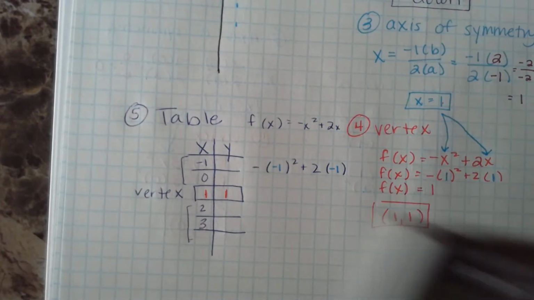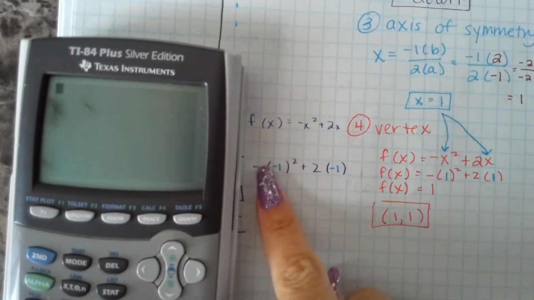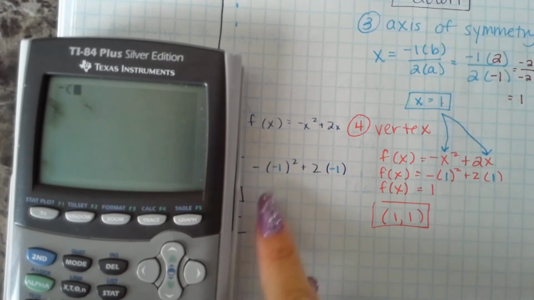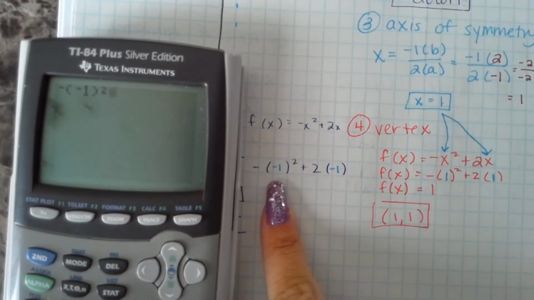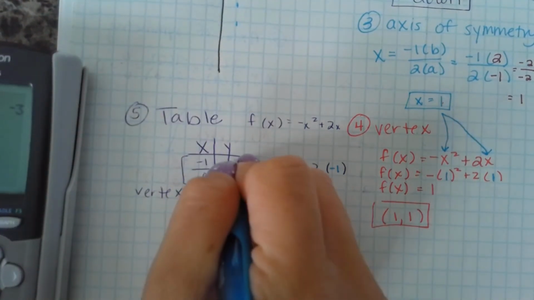Okay? Now let's go ahead and put this into our calculator. So we have a negative here, so we're going to say negative parentheses, negative 1 parentheses squared plus 2 times negative 1. And we get negative 3. So let's write negative 3 right here.